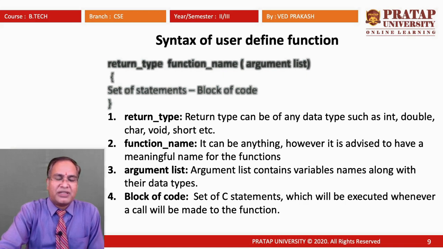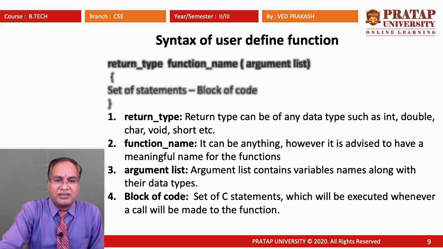The function name is the choice or desire of the user, which name is given to the function. So it is advised to have a meaningful name for the function. Next is the argument list.